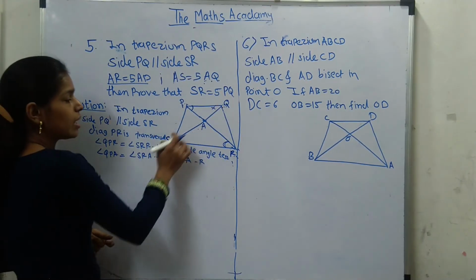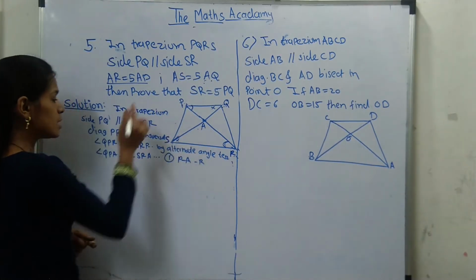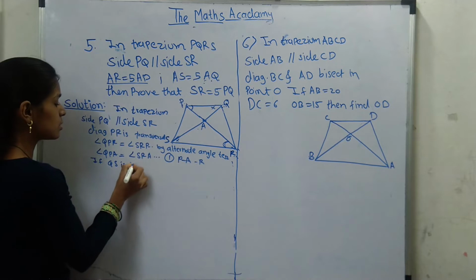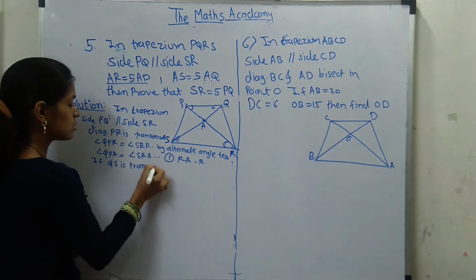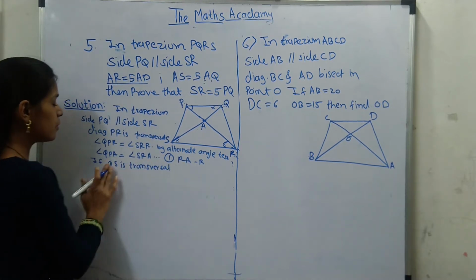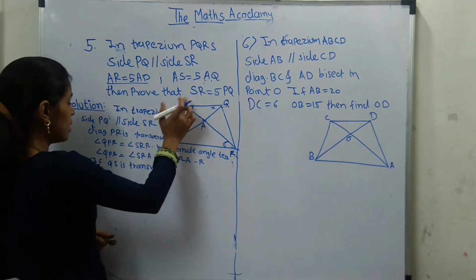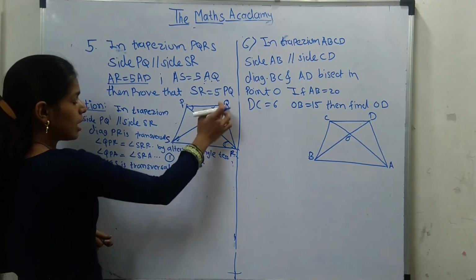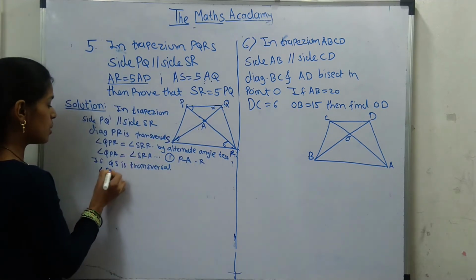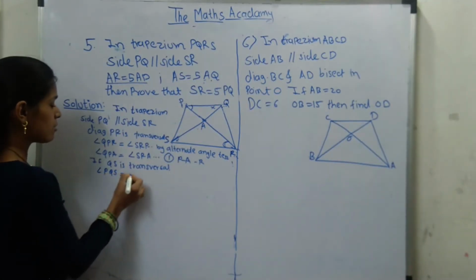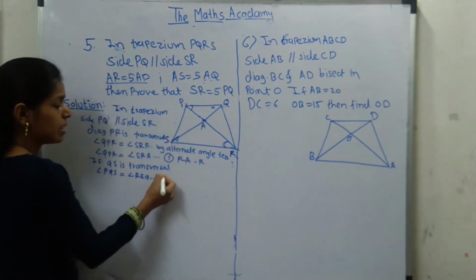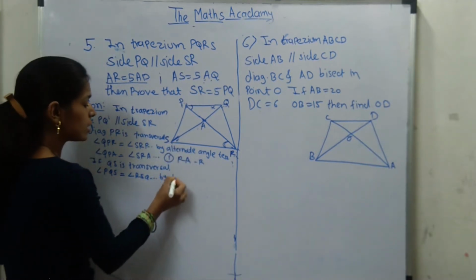Similarly, PQ is parallel to SR, and now QS is a diagonal, so QS is a transversal. If this QS is a transversal, then angle PQS is equal to angle RSQ, and the reason is the same again, the alternate angle test.